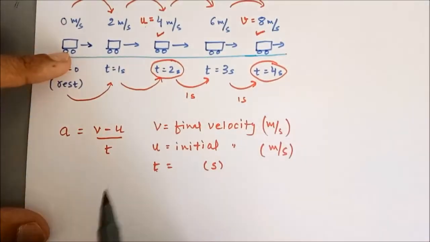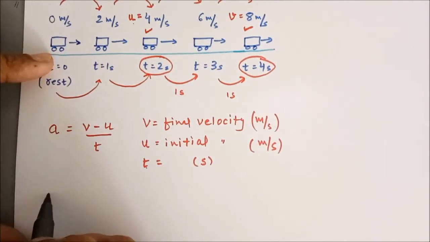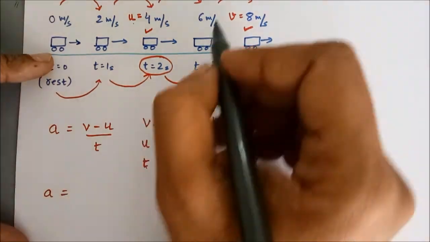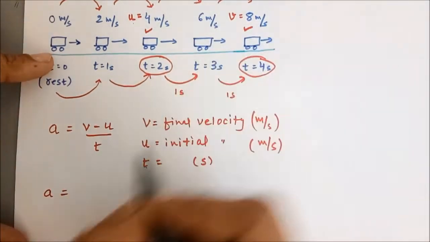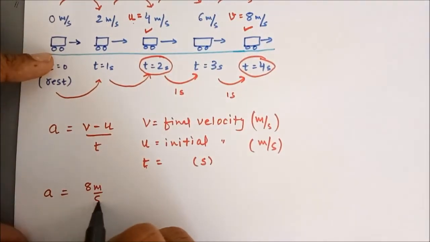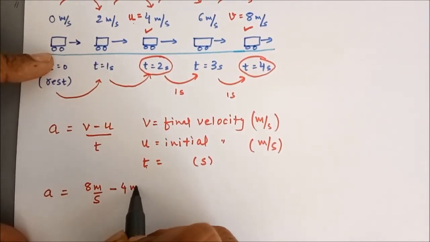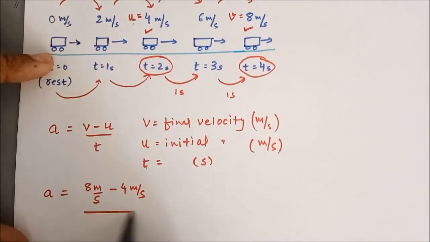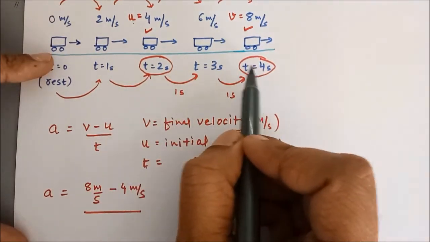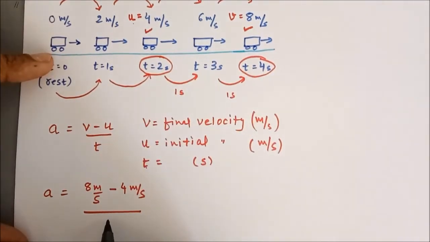So here if you put all the values, you will get a = v, that is 8 meter per second, minus 4 meter per second, upon 4 minus 2, so that is 2 seconds.